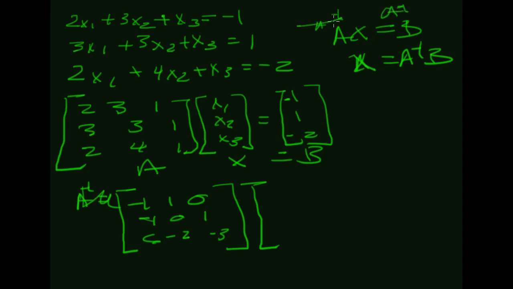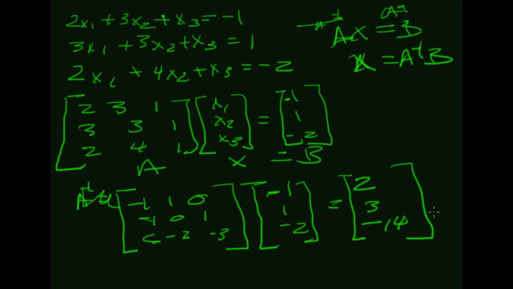These guys cancel out, leaves me with x. So if I multiply A inverse by b, this will give me x, which, if you work out that multiplication, happens to be 2, 3, -14.